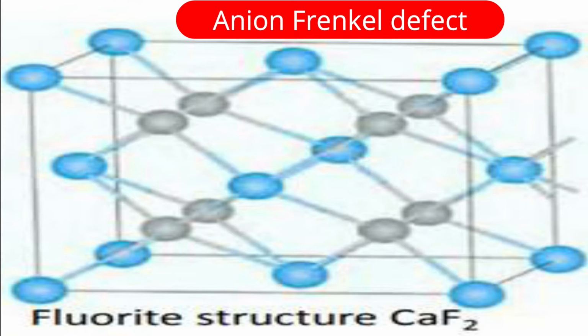So such a defect is anion-Frenkel defect. Here it is not represented how the fluoride ion is changing position. Just for example, I am showing it to you. I want to emphasize that Frenkel defect is possible for anions also.